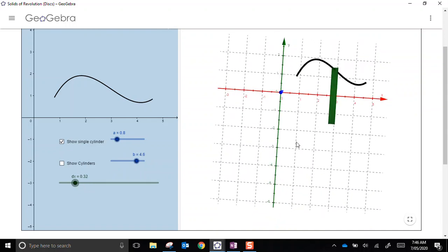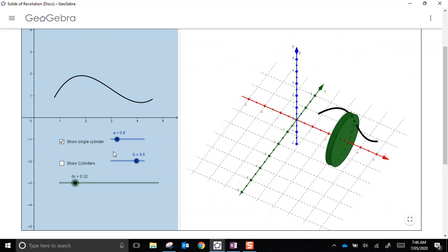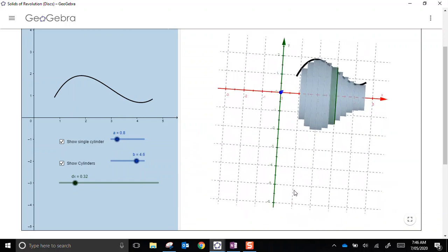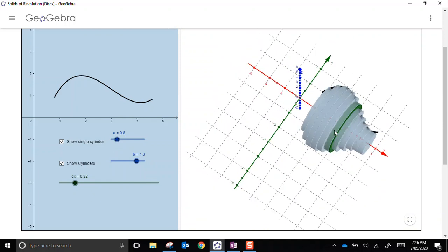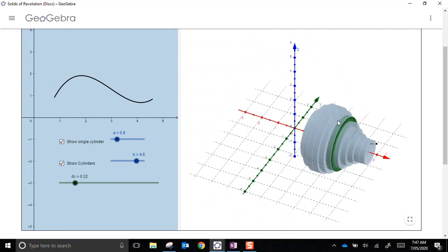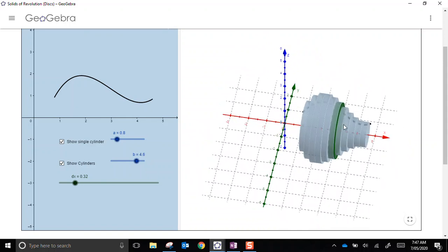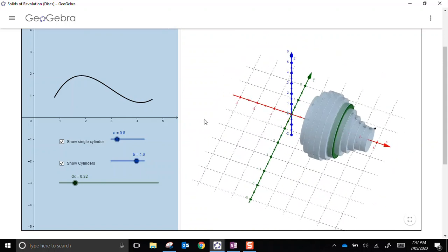Now, if I was to make a whole bunch of these cylinders all the way along, you can start to see the three-dimensional nature of this shape filling up. And I would need to calculate the volume of each cylinder and then add all of those together.